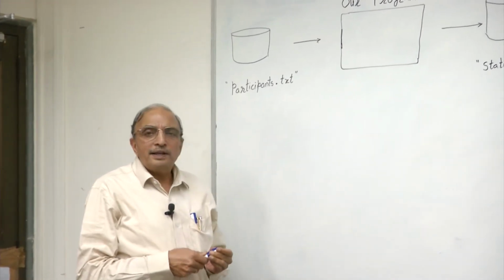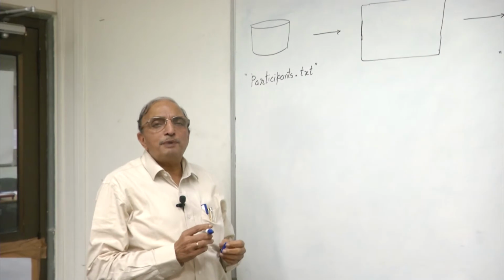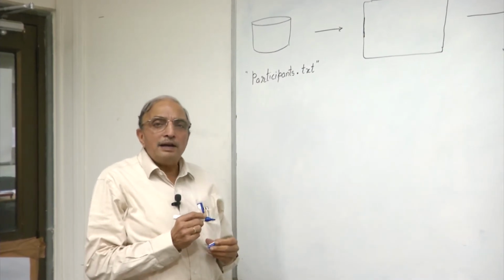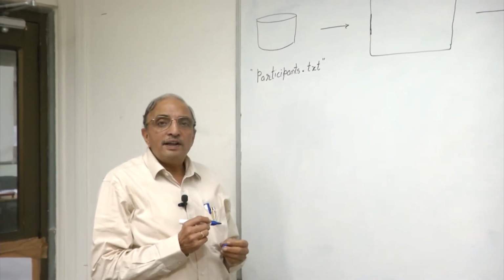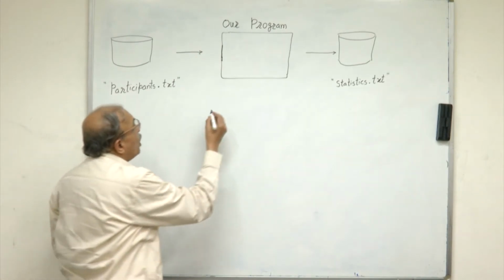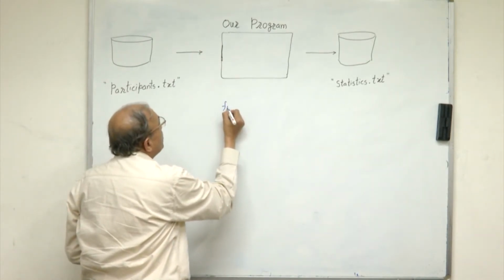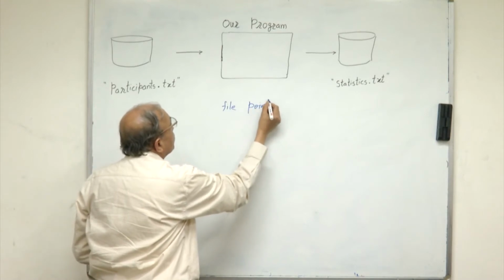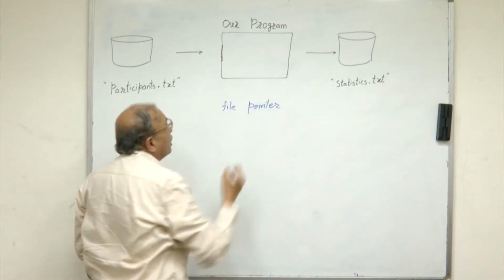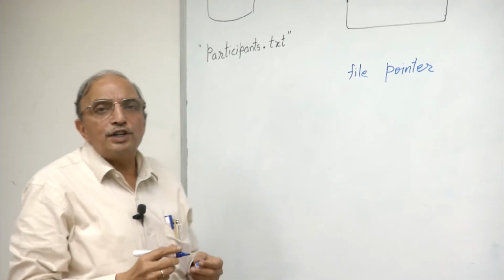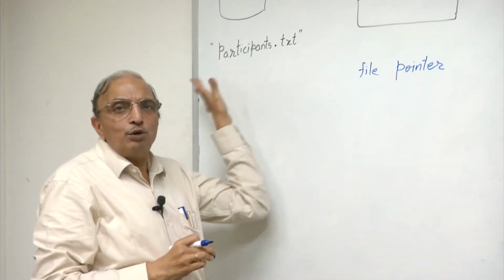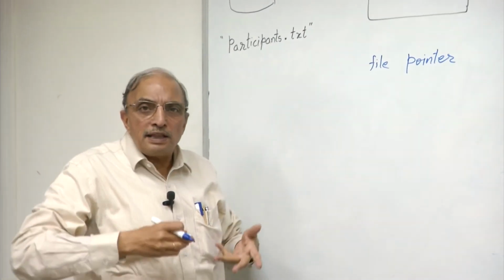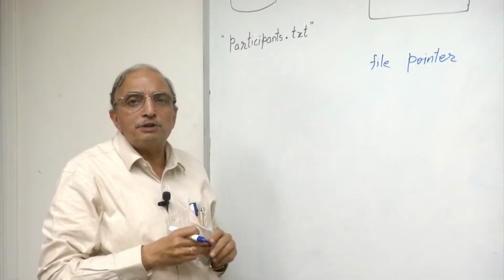To begin with, inside a C++ program, a file is declared as a special pointer called a file pointer. We can choose any name for this pointer. These names have nothing to do with the external file names, but these are the internal names within the C++ program.